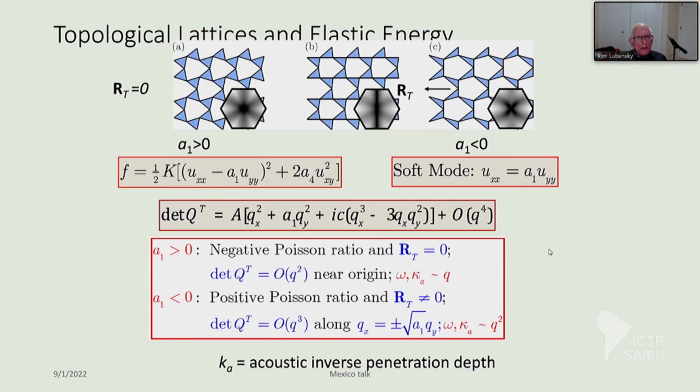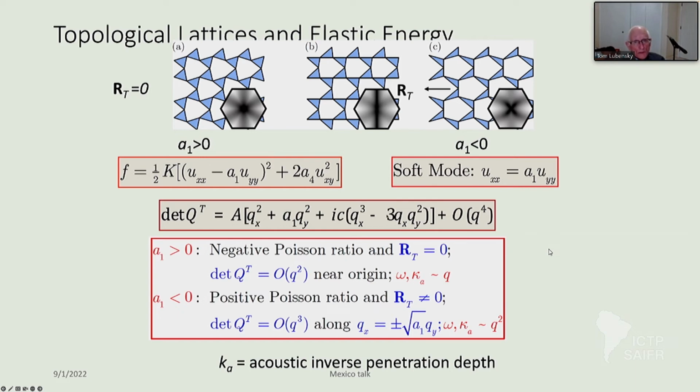I should make a comment now about what happens to the elastic energy. In both of these cases, going from here over to here, we don't have the energy for the bulk. These are auxetic systems. If you pull, they grow, and if you compress, they go to zero. So the elastic energy is (uxx minus a1 uyy) squared plus so on, so you can see that the zero mode is uxx equals a1 uyy, or the other way around, and uxy equals 0.